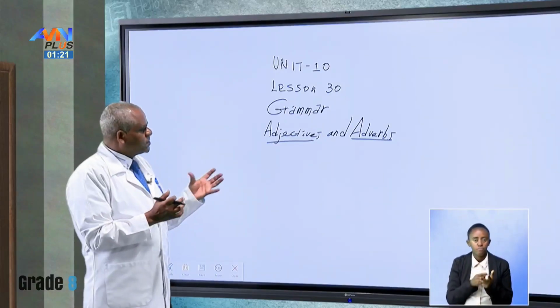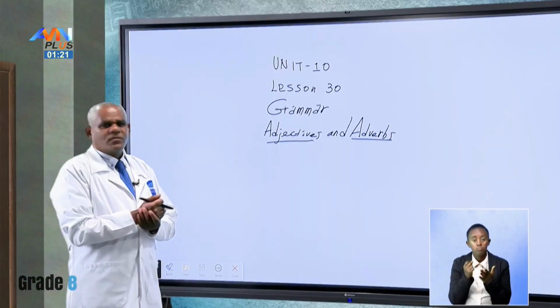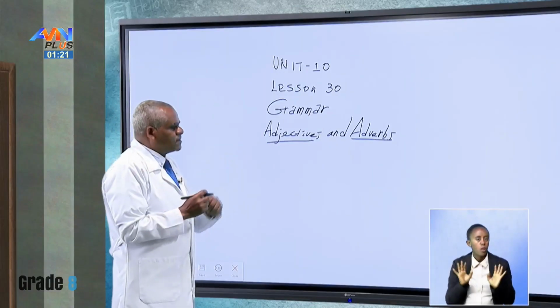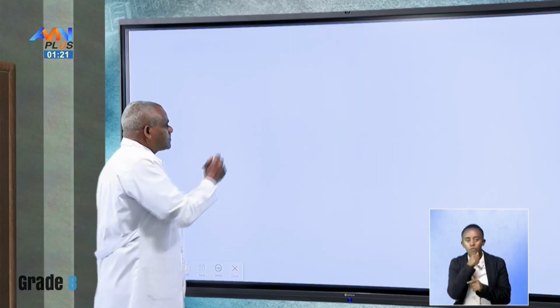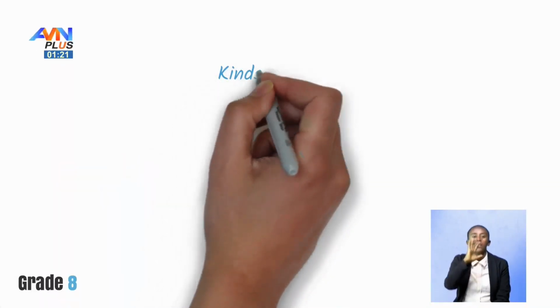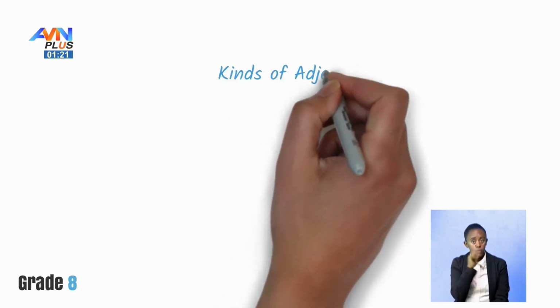So we are going to see these parts of speech separately. Before that, let's see a very important part, the kinds of adjectives. What are the kinds of adjectives?